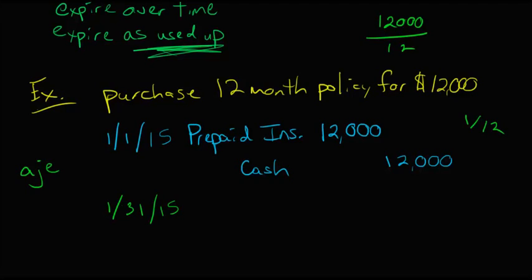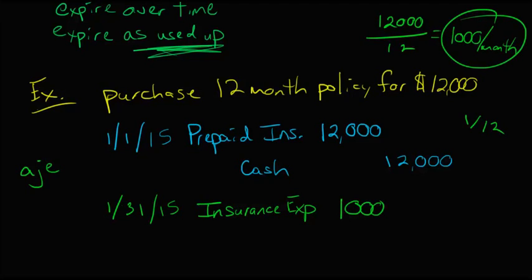So that tells you $1,000 a month is the rate at which we use up this asset. Now, what happens when you use up an asset? Well, you have an expense, and in this case, we're going to call it insurance expense, because we've used up this insurance asset. Insurance expense is going to be $1,000, just that $1,000 a month. It's been 1 month, so that's pretty simple.